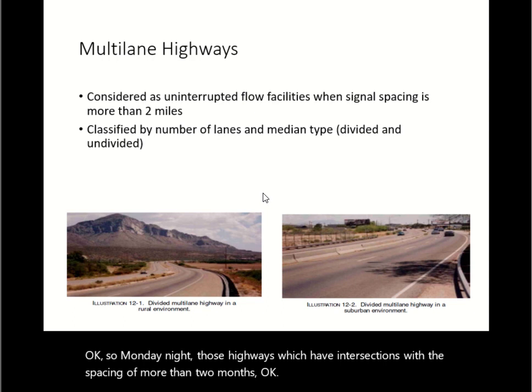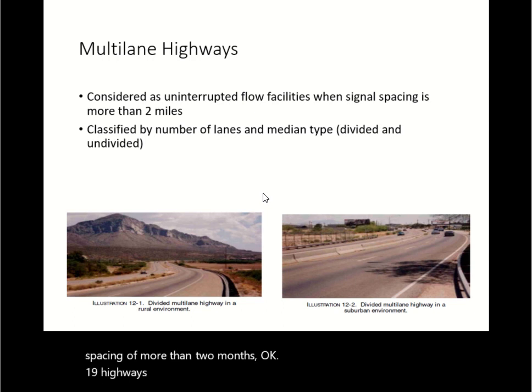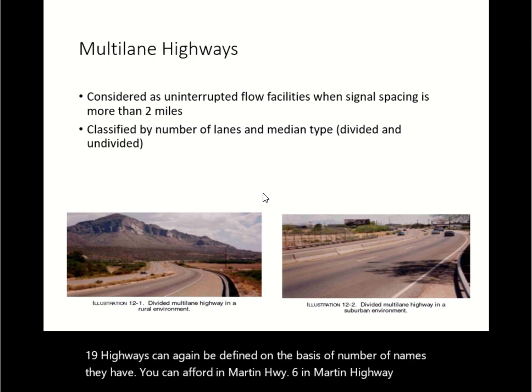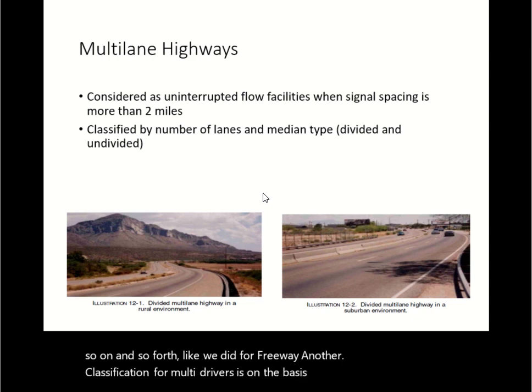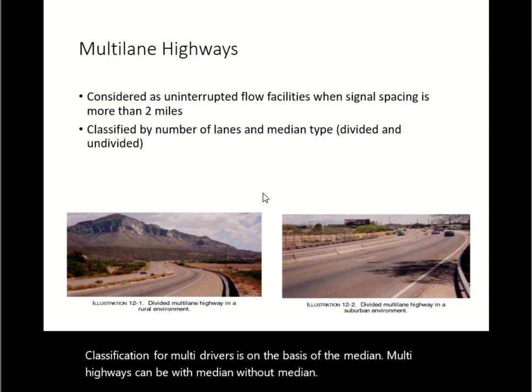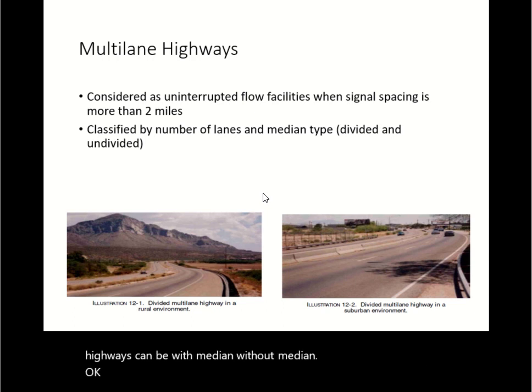Multi-lane highways can again be defined on the basis of the number of lanes they have. So you can have a 4-lane multi-lane highway, 6-lane multi-lane highway, 8-lane, and so on and so forth, like we did for freeway. Another classification for multi-lane highways is on the basis of the median. Multi-lane highways can be with median or without median. If they are with median, we call them divided.